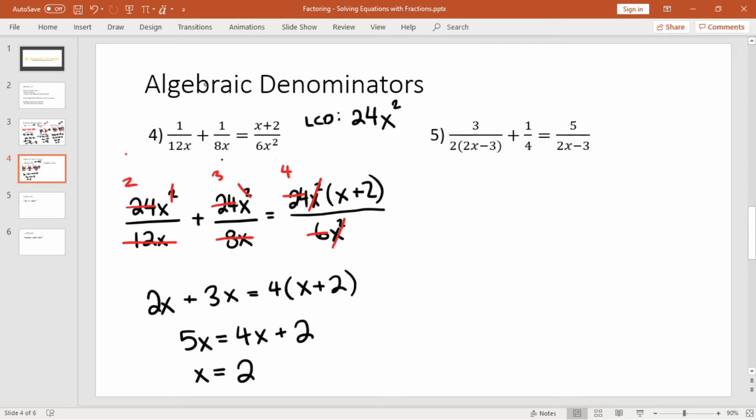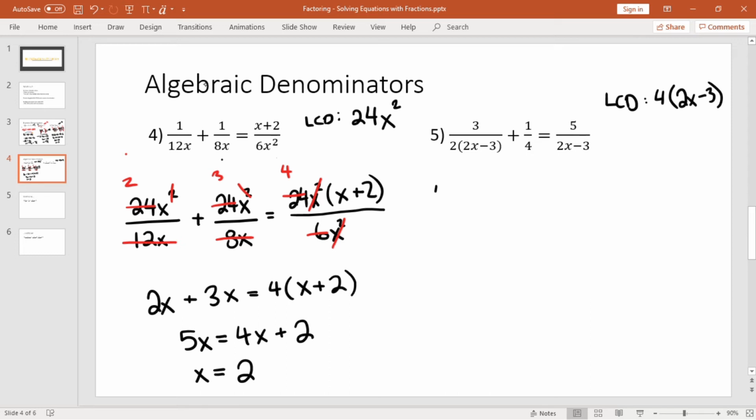Number 5. Okay, I see a 4 and a 2 for numbers, so I know that my LCD will have a 4 in it. And I see a couple of the same binomial to the power of 1. So don't force it, and don't incorporate it, just leave it factored like that. That is fine. So taking up a bit more room now. Here we go.